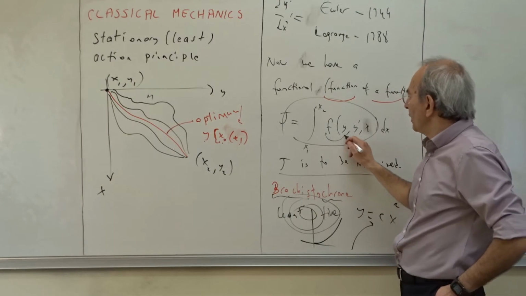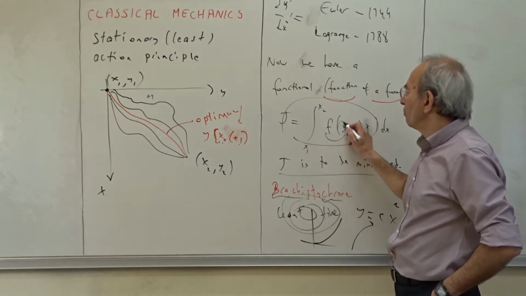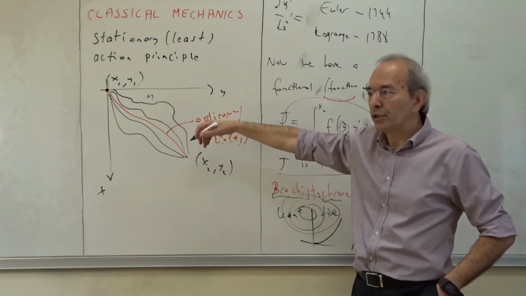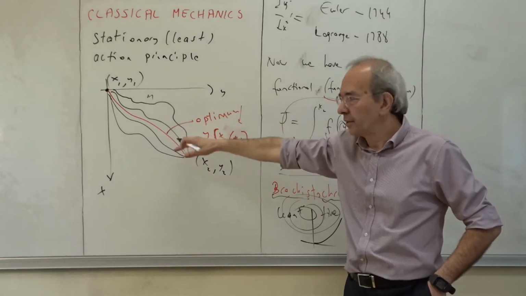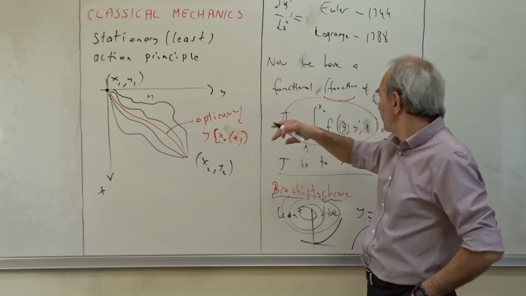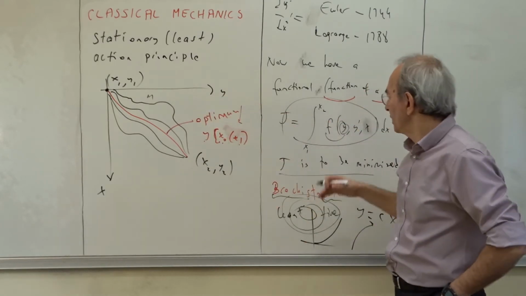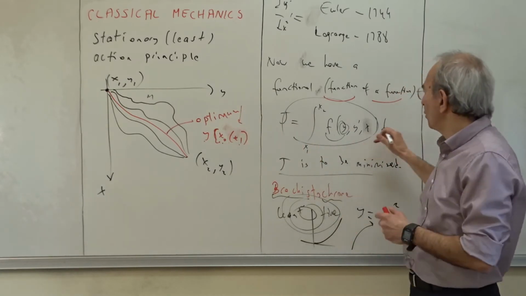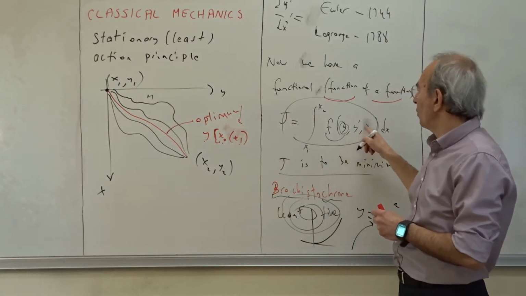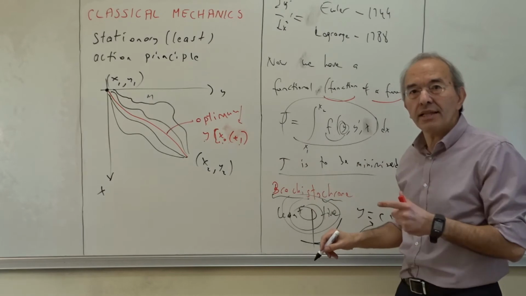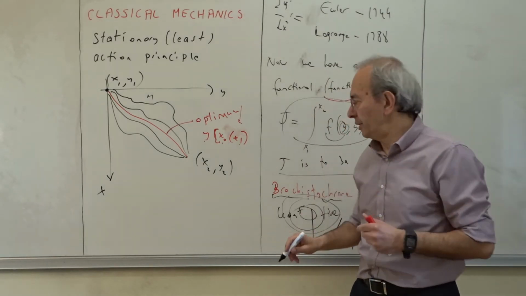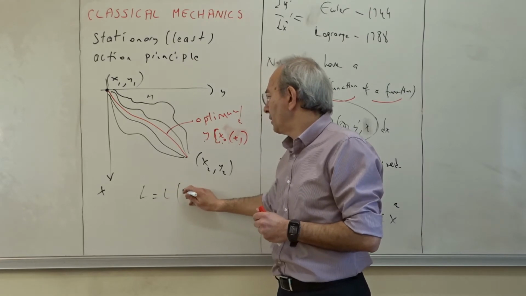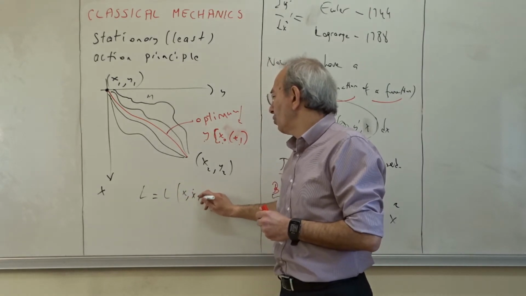So F is dependent on both the y variable, because y is the vertical, because of the position, as we see, and y prime corresponds to the velocity, and this can also be written as y prime x, or as we see in the Lagrangian, it will depend on, let's say, x dot and time also.